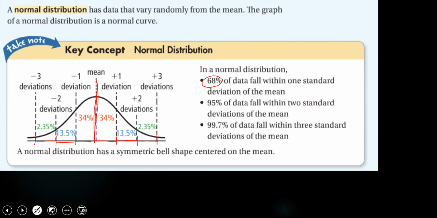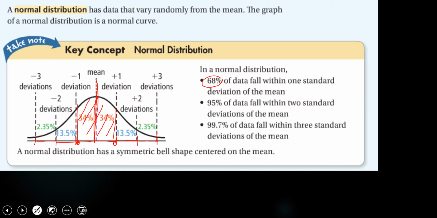So 68% of data fall within 1 standard deviation of the mean. If you look, the area under the curve from negative 1 standard deviation to 1 standard deviation is 34 plus 34, which is 68.